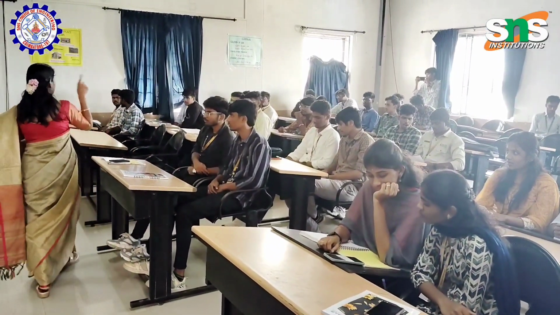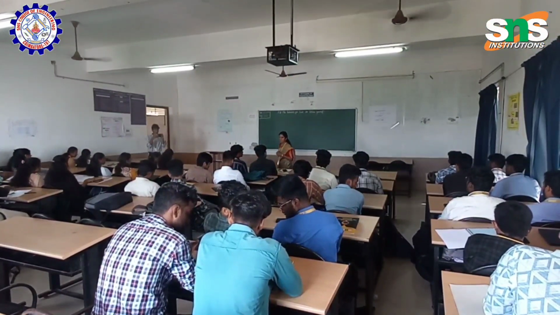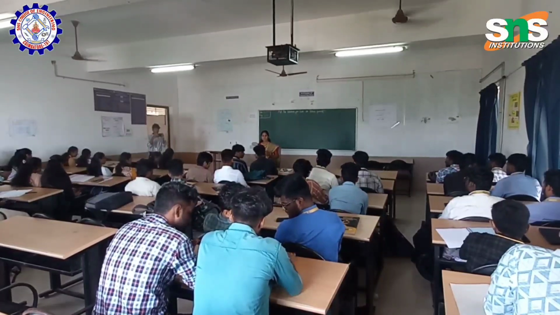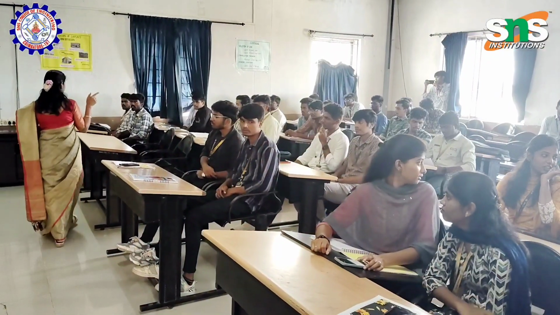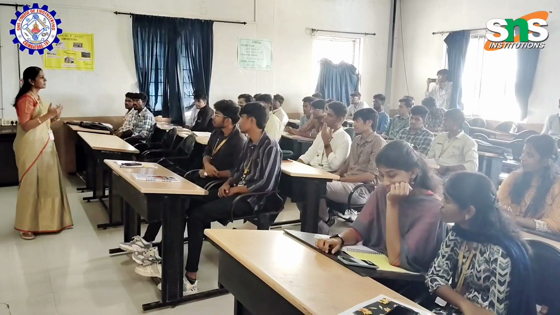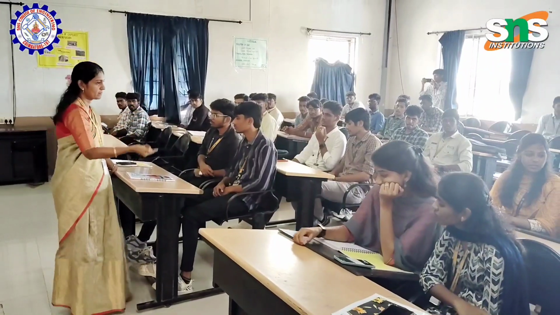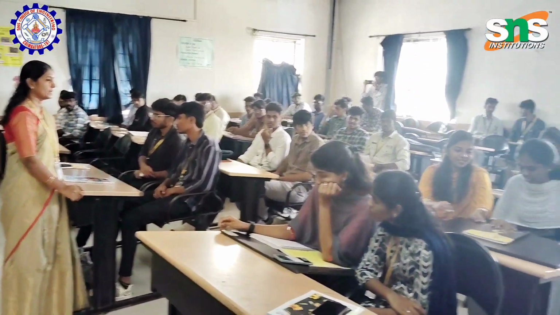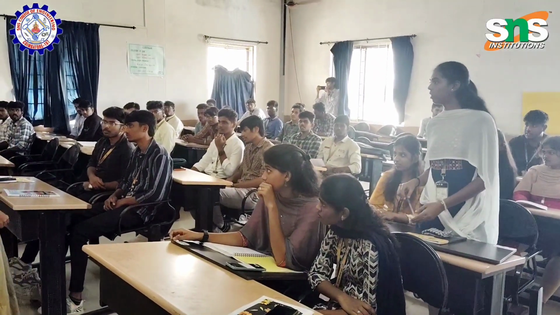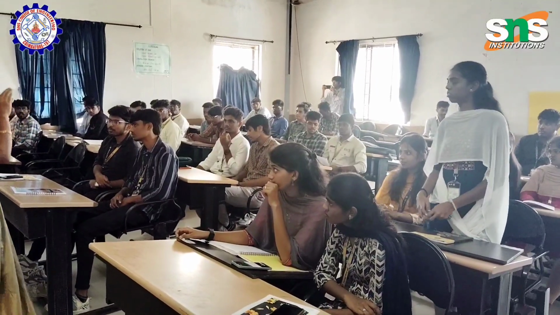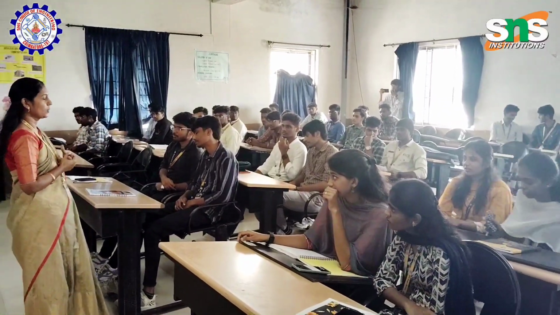What is the value of XXX? Can you find the value of XXX? No. Why? Anybody please get up and say. You cannot find it because the data are not in order.